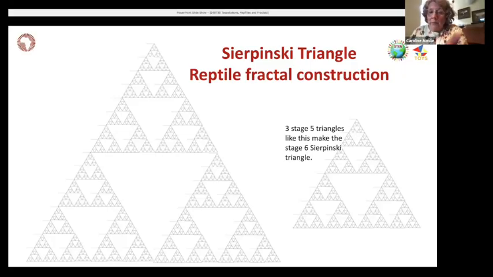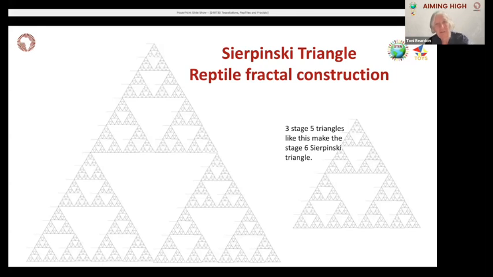I hadn't actually continued the thought and gone to that. But this one is a fractal, but it doesn't tessellate the plane. No, it doesn't.